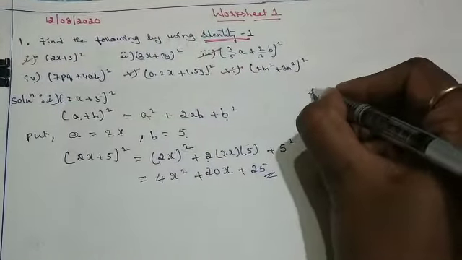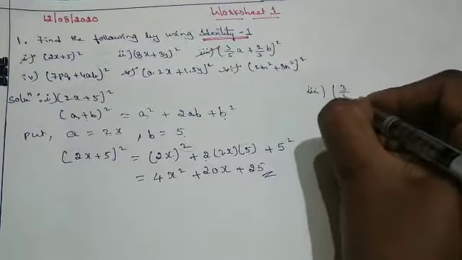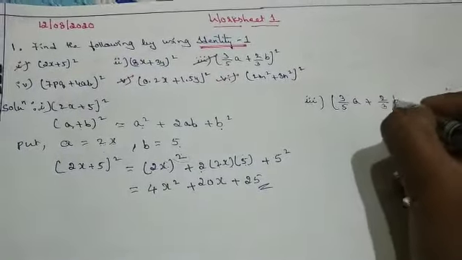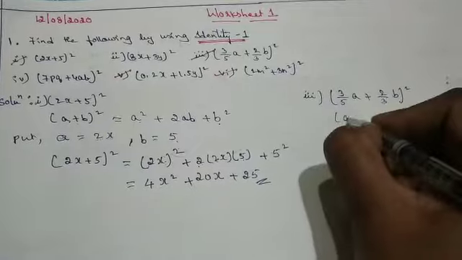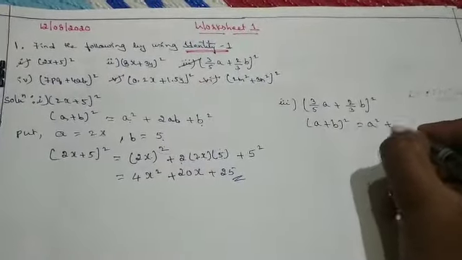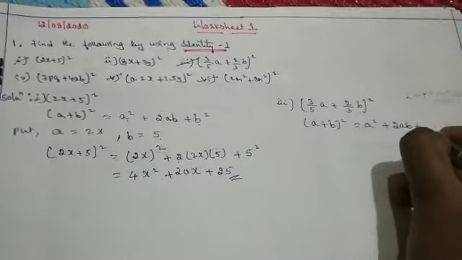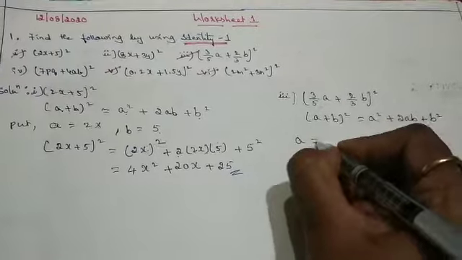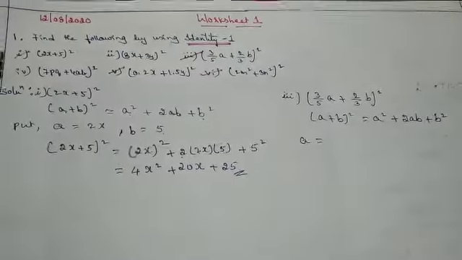The third question is (3/5 a + 2/3 b) whole square. This is in the form of (a + b) whole square equal to a square plus 2ab plus b square. Then compare what is the value of a. A is nothing but this complete term, children.